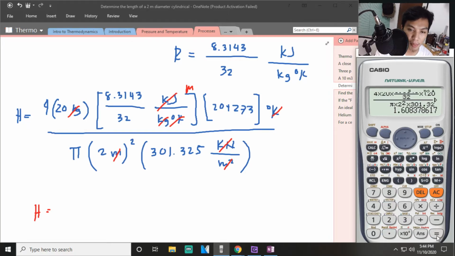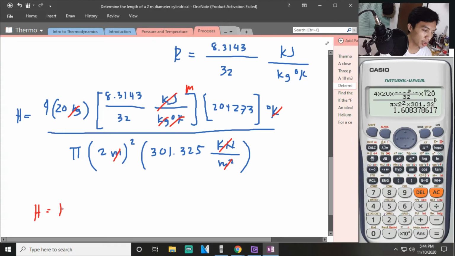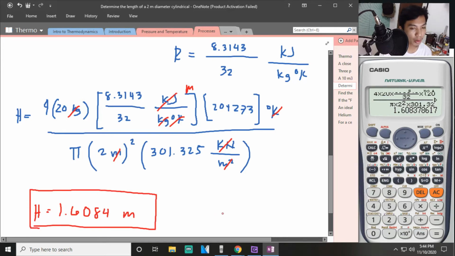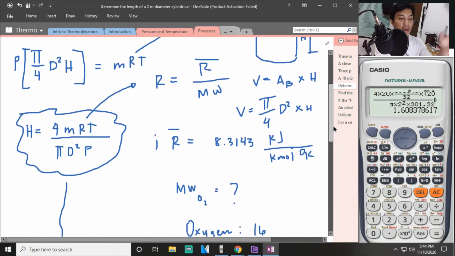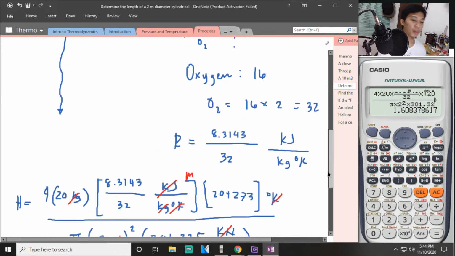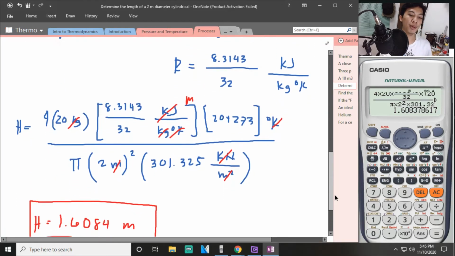The answer will be 1.6084 meters. That is the height of your cylindrical vessel. Ganyan lang kadali yun. I-reform mo lang na i-reform yung kanyang solution. Okay? And that is for problem number 4.